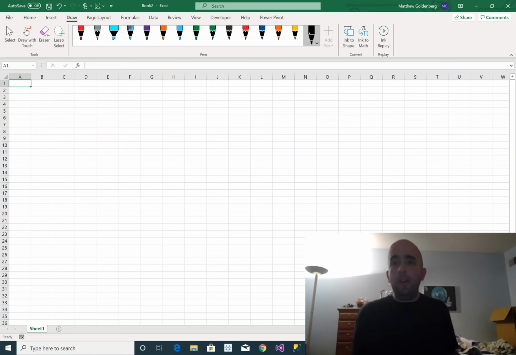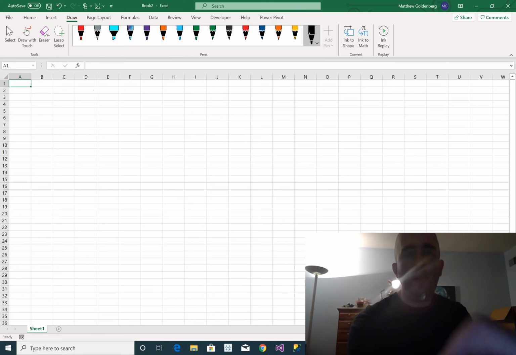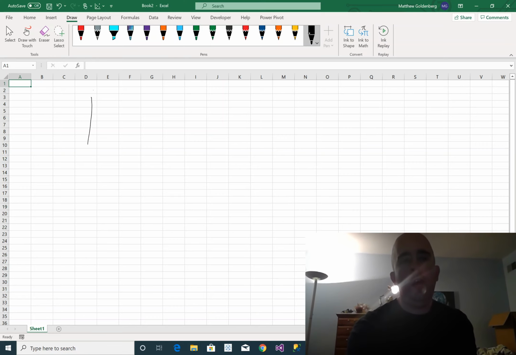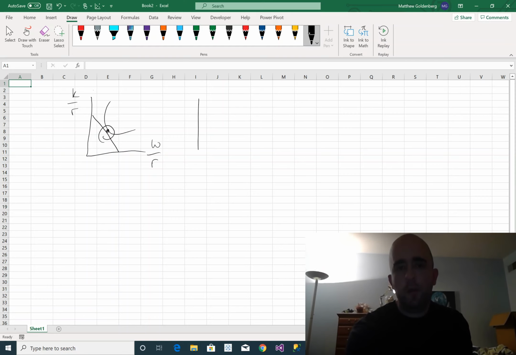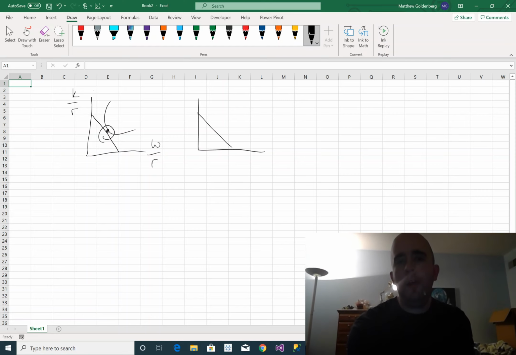It's a different question to ask what is the optimum capital, labor, and wage rate point versus what is the optimum quantity.